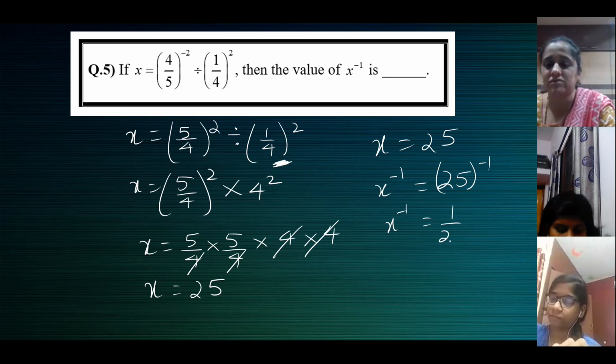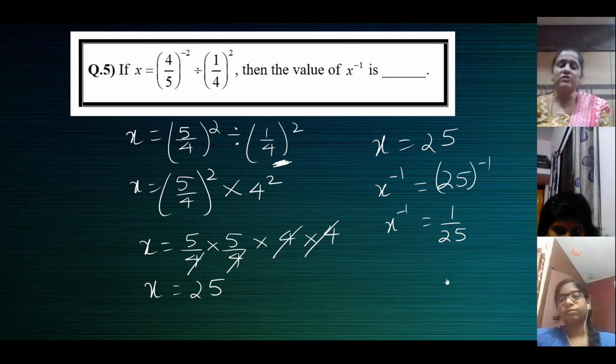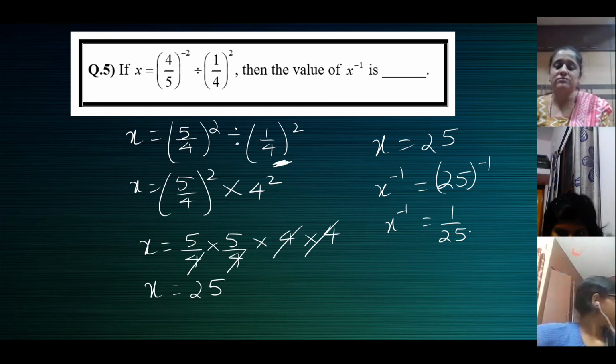So reciprocal of the base, negative of the power. So it's 1 by 25. Who got 1 by 25?